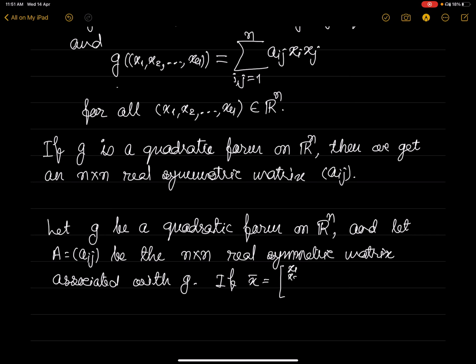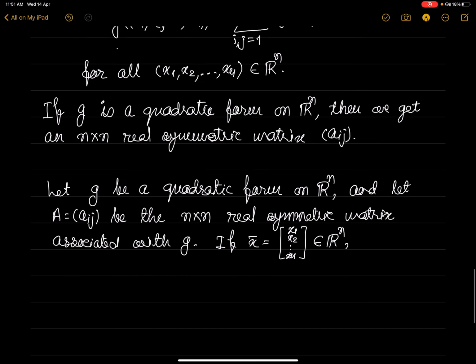If (x1, x2 up to xn) is an element of Rn, then you can check, it's an easy exercise, that G of x bar is nothing but the inner product of A x bar with x bar, or you can also check that this is nothing but x bar transpose A x bar. Right? Just use the form.